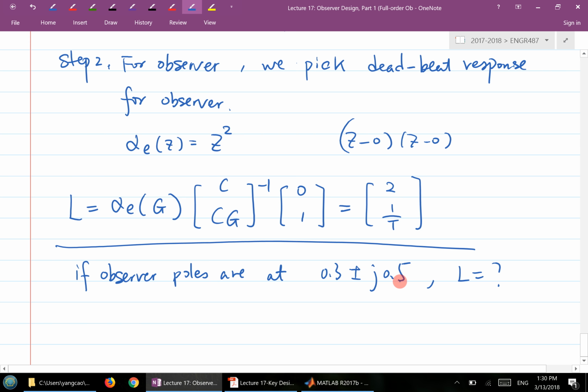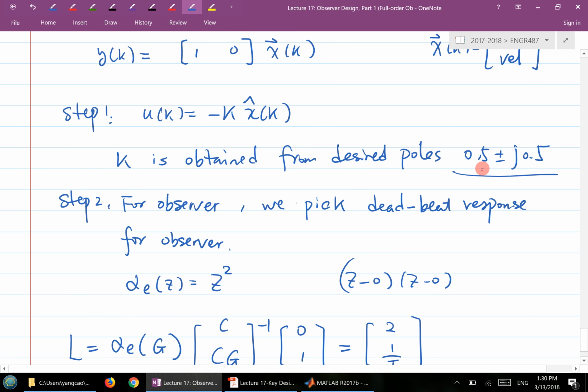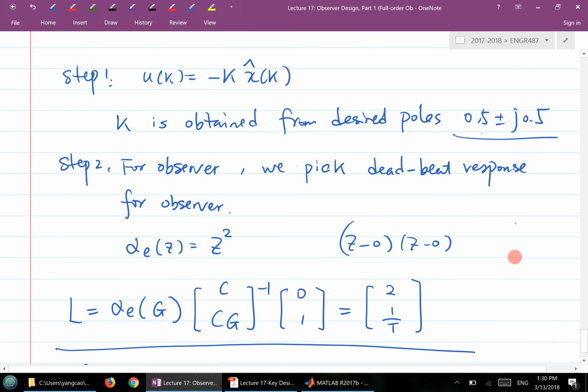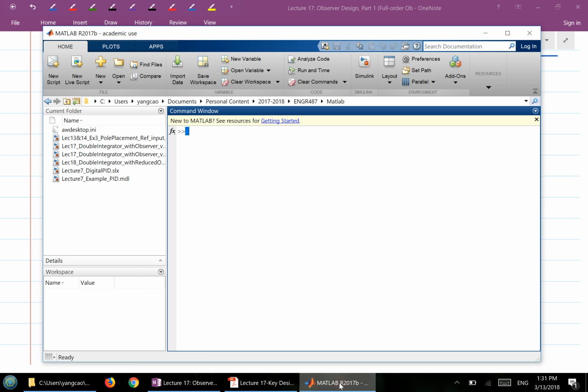Remember, we want our observer poles to be faster than the feedback system poles. In this case the feedback system design for K uses 0.5. If I want it to be faster, then at least this real value needs to be smaller, so I just shrink the real part from 0.5 to 0.3. But you can choose any other values here. I'll show you the simulation here.